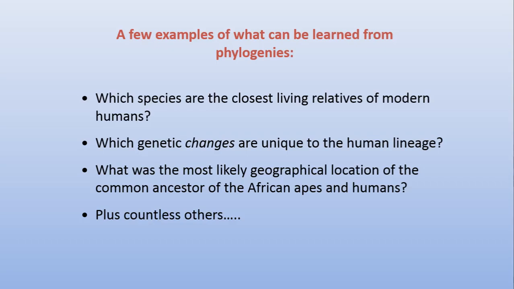We are now able to answer questions like which species are the closest living relatives to modern humans. With the help of modern phylogenetics, we now know which genetic changes are unique to human lineages and not present in their ape counterparts. We also know the answer to questions like what was the most likely geographical location of the common ancestor of African apes and humans.